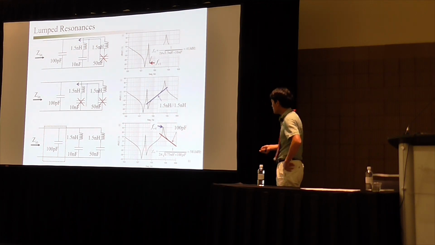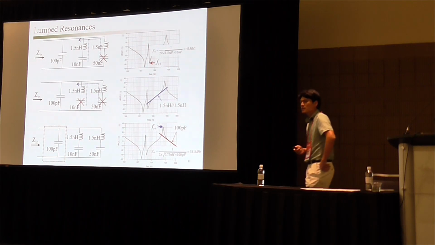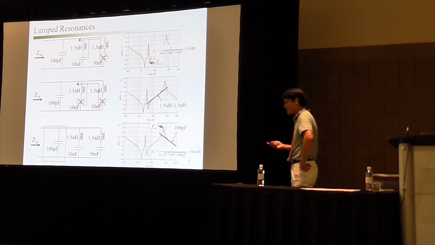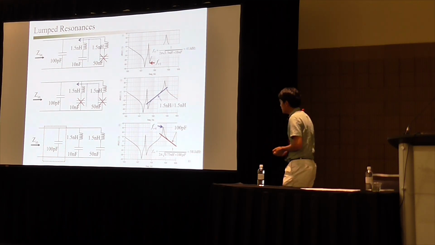Here is the first series resonance from this branch, and this dip is from the resonance of the second branch. Then here, this inductance is from all these branches. And after that, we only see the capacitance of this C plane, right? So it makes it quite easy to understand this PDN behavior.